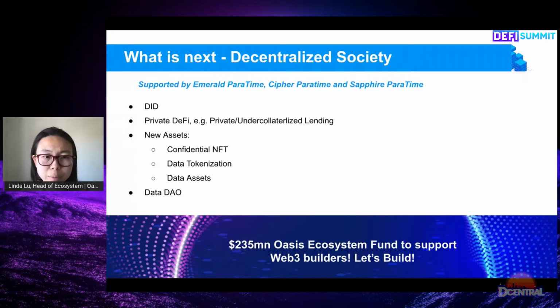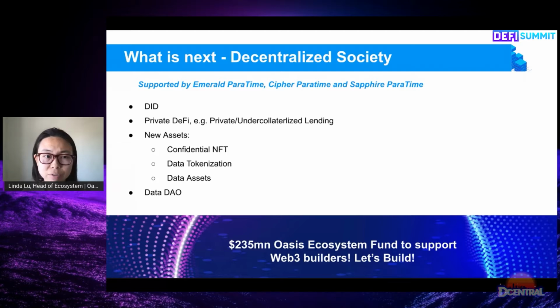And then private under-collateralized lending that could potentially have DeFi target mainstream users that have real financial problems, like the unbanked population. How can we bring DeFi to them, since they haven't been well served by traditional CeFi vendors?